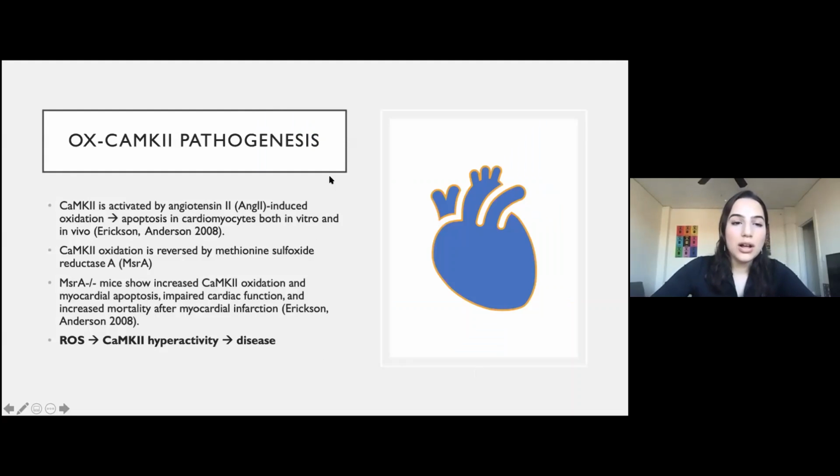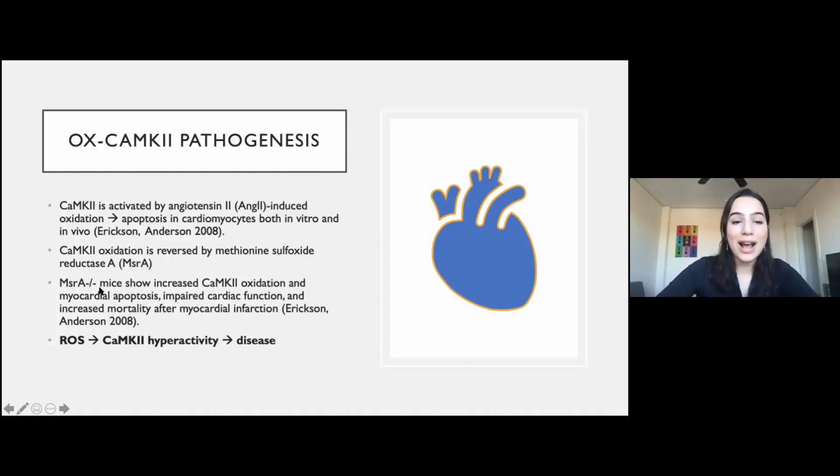Okay, so this is just some more data to show the importance of oxidized CaMKII in pathogenesis. Again, the same lab that I work with published this paper in 2008 that showed angiotensin II as one of the oxidizing factors for CaMKII, and it led to apoptosis of cardiomyocytes, both in vitro and in vivo in mice models. Then it is important to note that methionine sulfoxide reductase is actually able to reverse the oxidation of CaMKII.